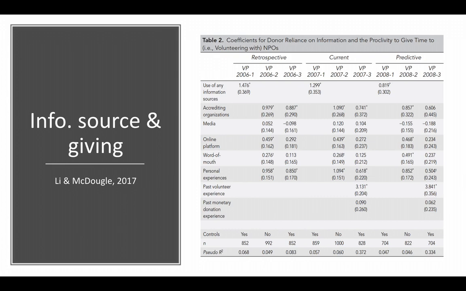So in sum, since it's significant, you are going to interpret it like this. If you got information about nonprofits from your personal experience, you are 61.8% probability more likely to volunteer in 2007, right?